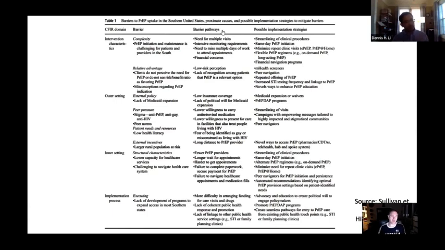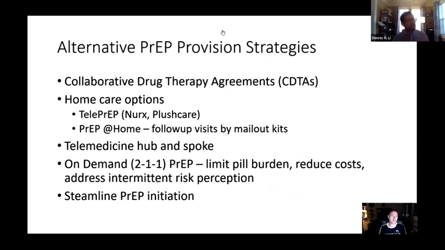So we've done that in the paper, and you'll see even in the barriers section a lot of the barriers that I've talked about already, and the next section I'll be talking about the possible implementation strategies to address those. So first, let's talk about alternative PrEP provision strategies.